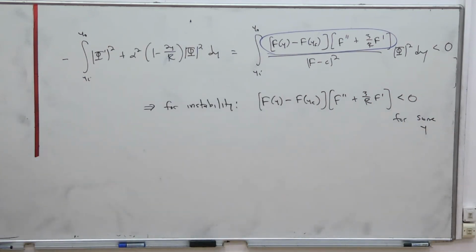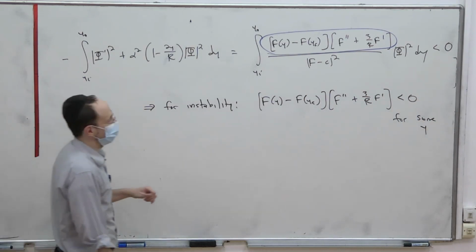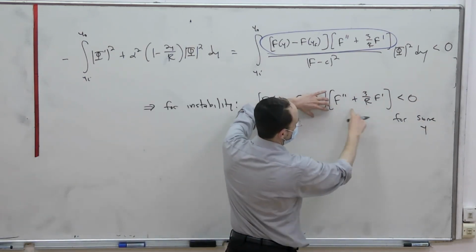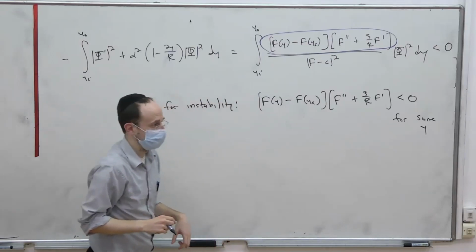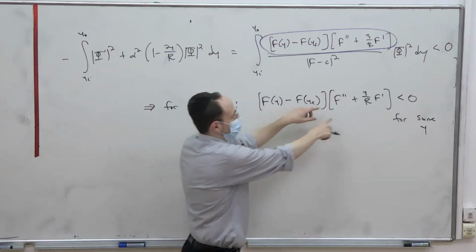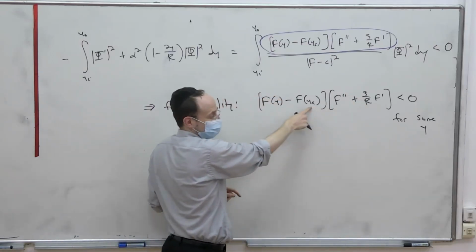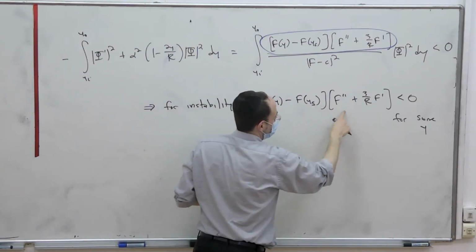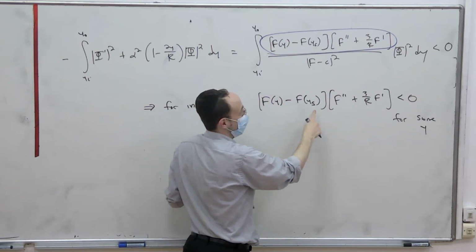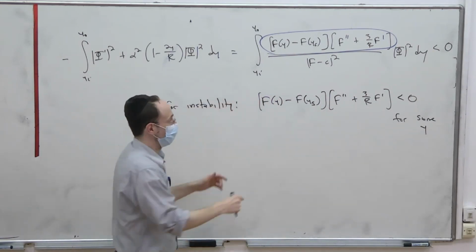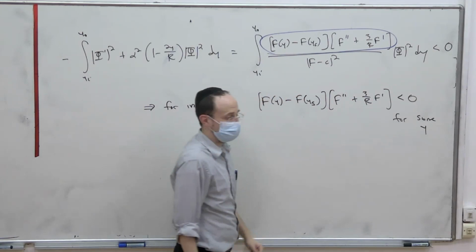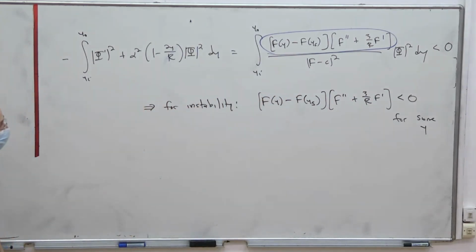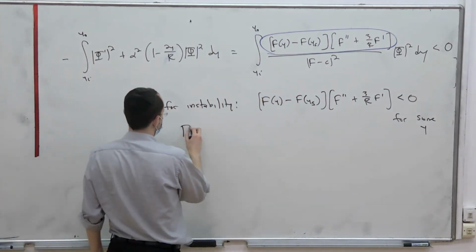And this is an additional criterion on top of our previous criterion. The previous criterion was just that this thing had to be equal to 0 for some y. Of course, we know that's equal to 0 for some y. Which y? Because it's ys. But in addition to this thing being equal to 0 at some ys, there has to be another location where this thing is negative. And this is Fjortoft's criterion.